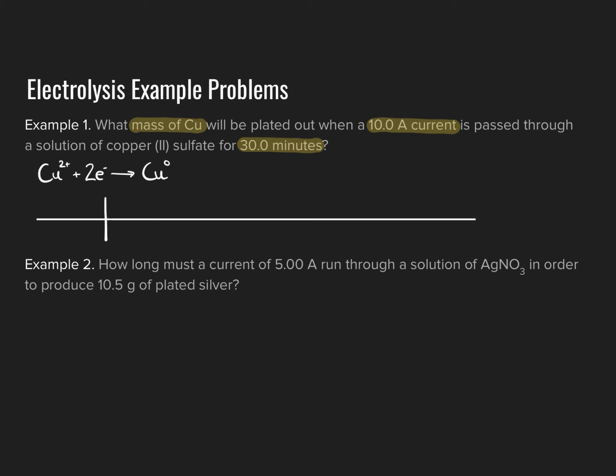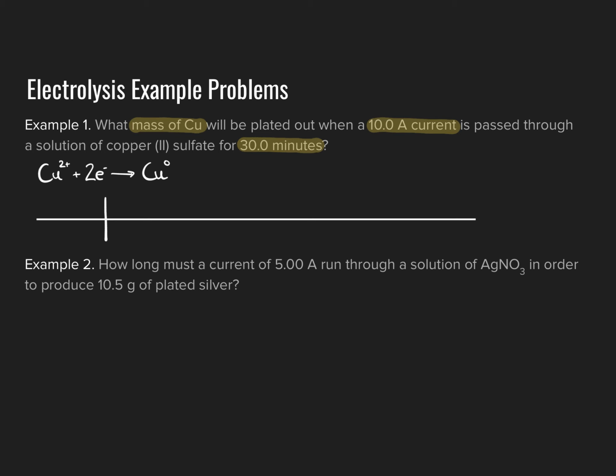Starting off with this monorail here, I've got two given values, the first of which is the 10.0 amp current, and then secondly, I've got the 30.0 minutes of time that we're applying this current for. Now, recall from our definition, current is by definition the flow of charge per unit of time, that is coulombs per second. And as such, that is a ratio, fundamentally a conversion factor.